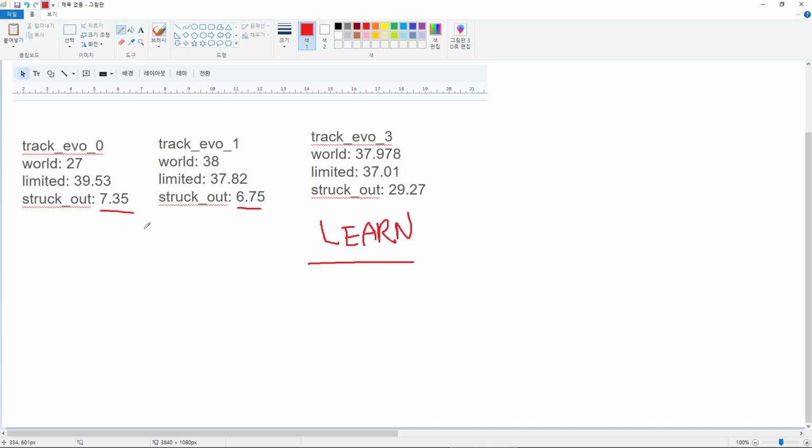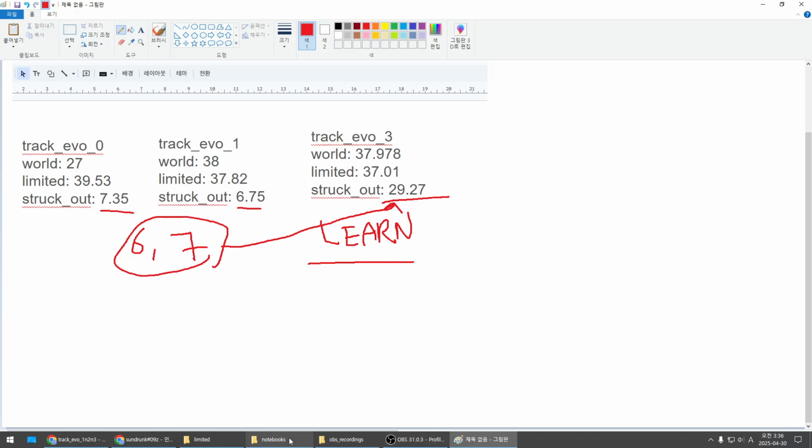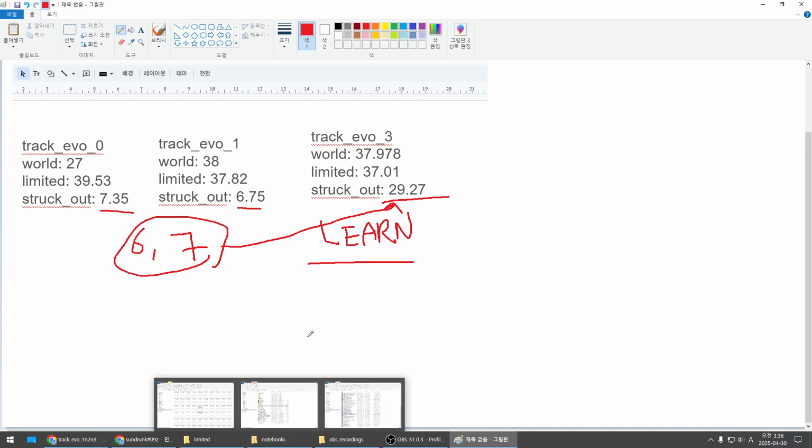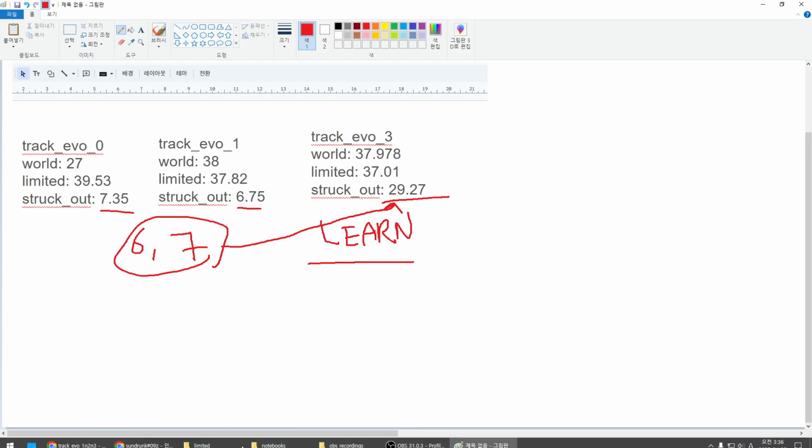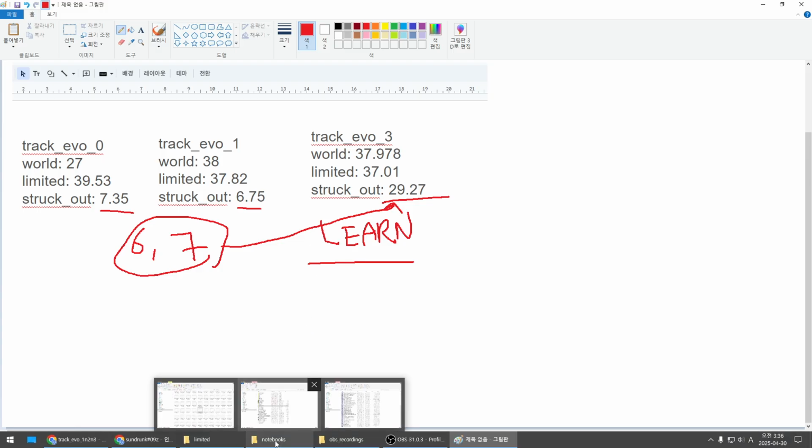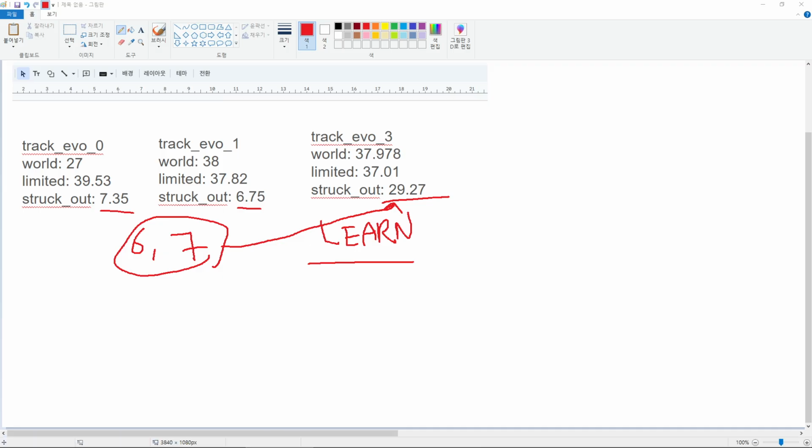It went from somewhere at 6 or 7 all the way to 29. But a more stark difference can be seen in the plots, as I'll show you.